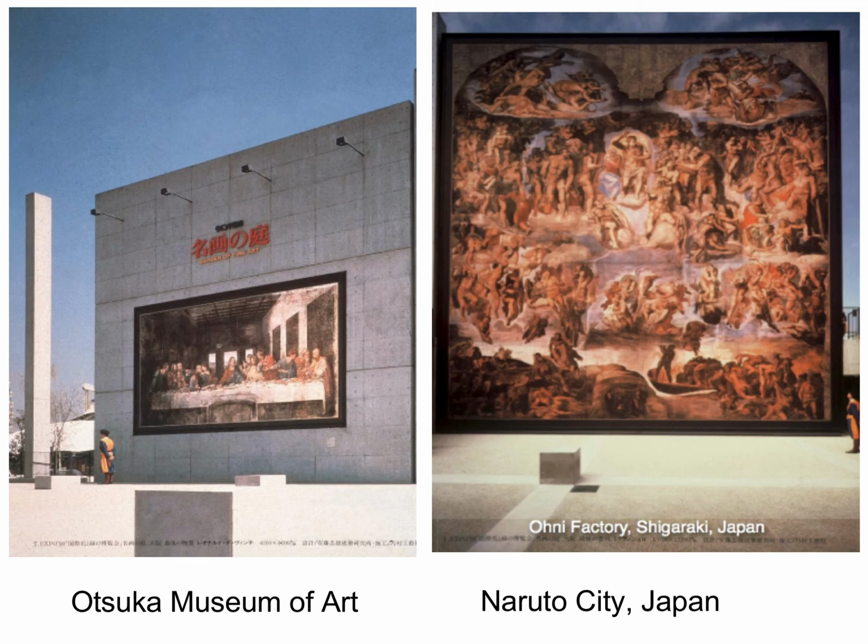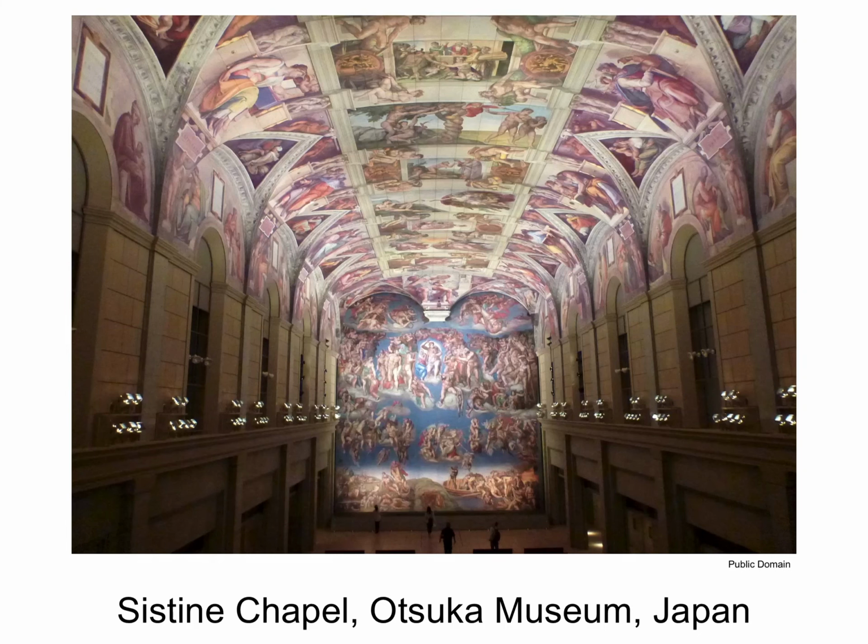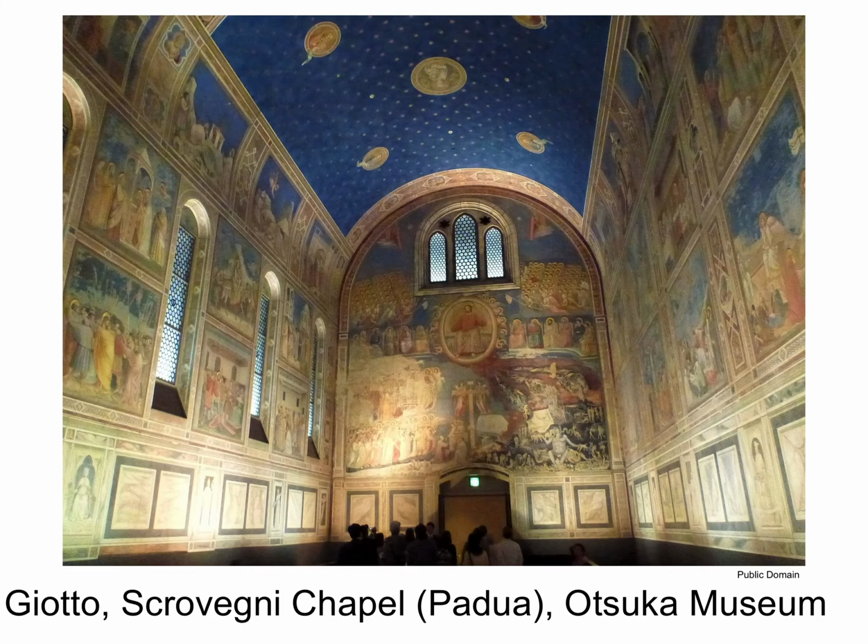And getting close to the end here, I refresh your memory of the Otsuka Museum of Art in Naruto City, Japan, where famous works of art have been reproduced to scale on ceramic tiles. And you have the Sistine Chapel here at this museum in Japan. All of what you're looking at here that's polychrome is ceramic.